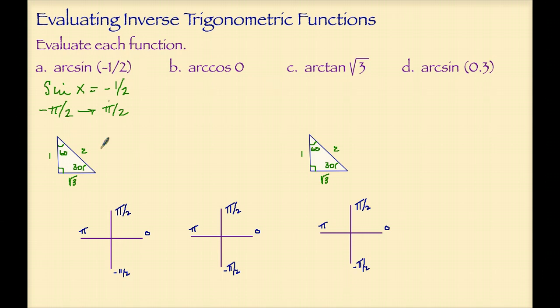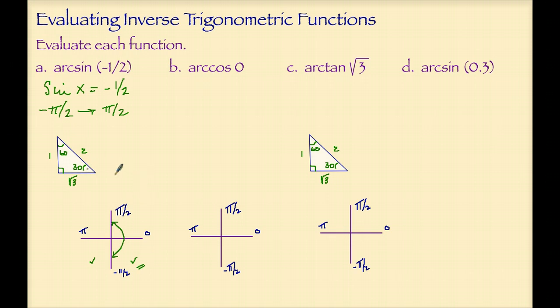I know that 1/2 comes from the 30, 60, 90 triangle, and so I can see that the 30-degree angle produces a sine of 1/2. But where is sine negative? In the 3rd and 4th quadrants. However, remember that arc sine has a range from negative pi over 2 to pi over 2. Thus, my answer can only come from these 2 quadrants, and that narrows it down to the 4th quadrant.